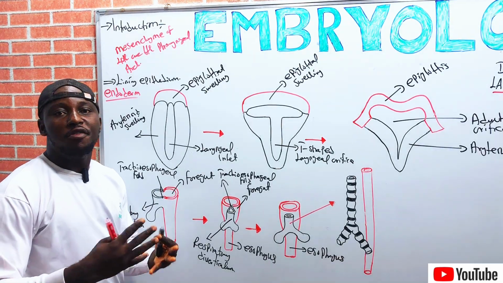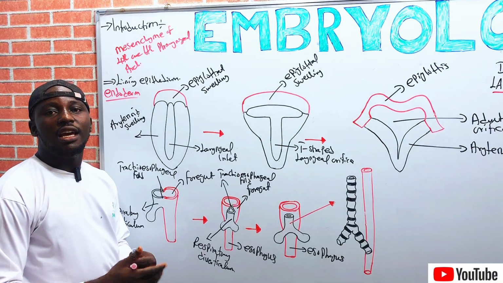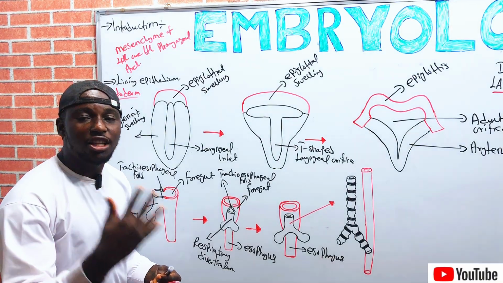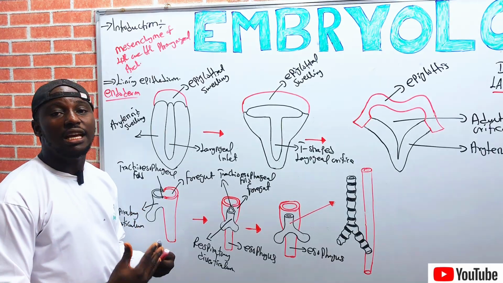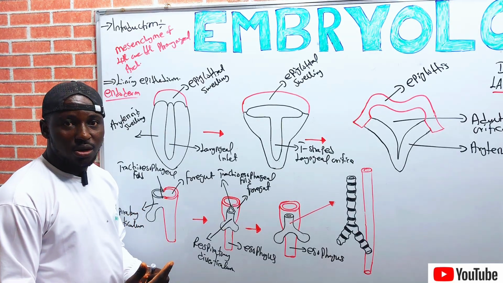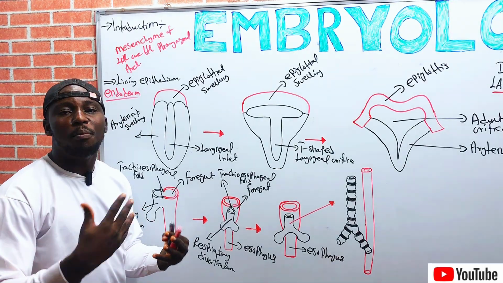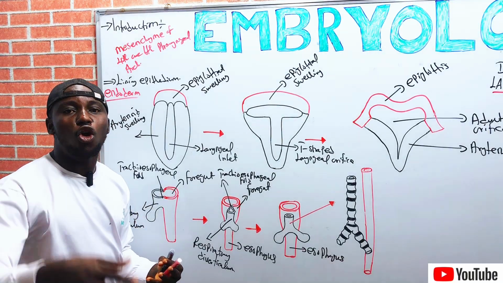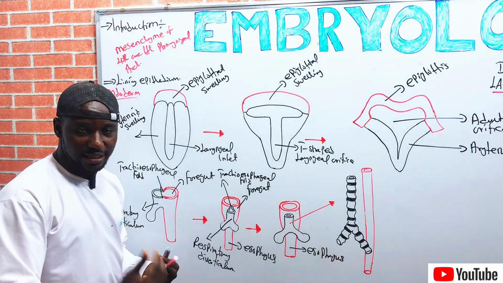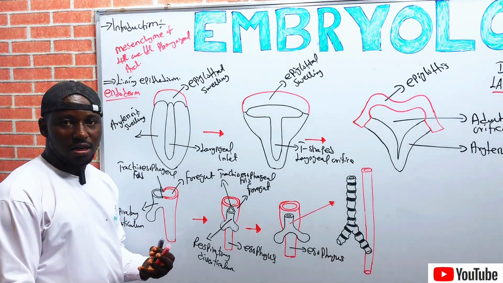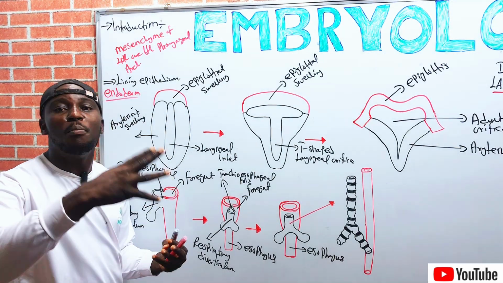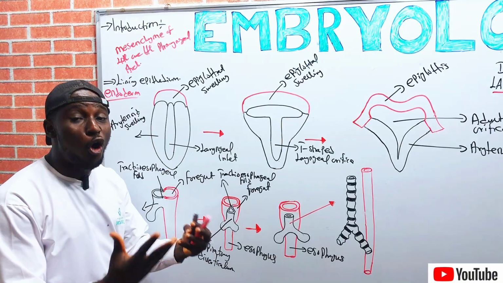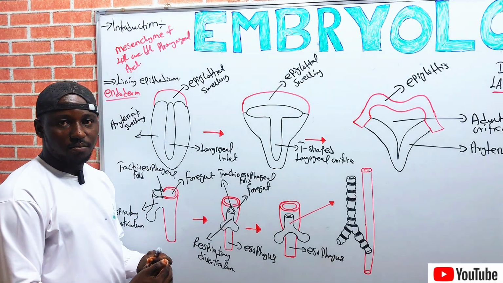Now, before that, the endodermal cells that line the larynx will become completely proliferated and obliterate the lumen of the larynx. They'll become what? Completely proliferated and obliterate the lumen of the larynx.